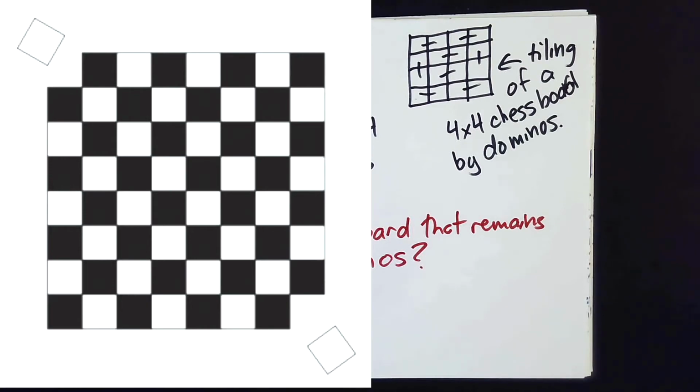And here's the thing about a domino. No matter how you lay this domino on this board, it will always cover a white square and a black square. Why is that? Well, the whole reason why checkerboards are checkerboarded is to make the lines between adjacent squares clear, so no two squares that are adjacent are the same color.